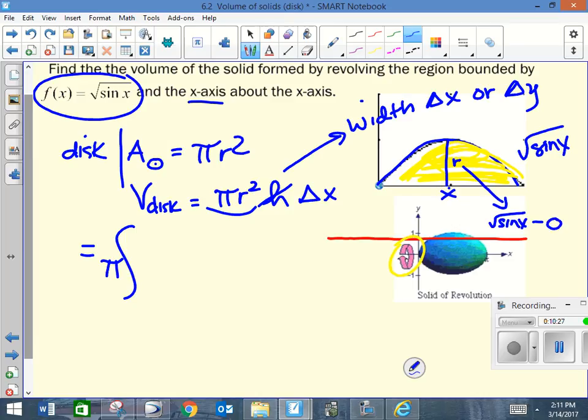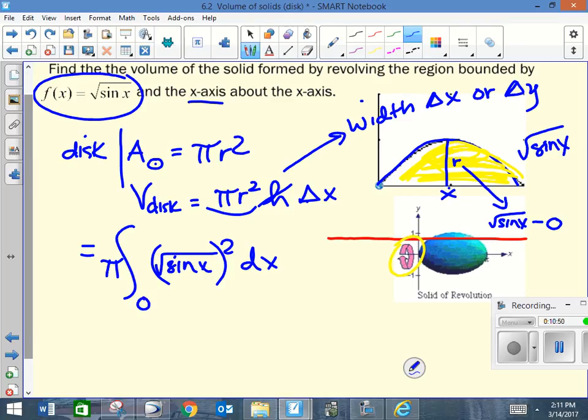So it's really radical sine of x. Don't forget we are squaring because we are in a circle. And change in x turns into dx. It's the very skinny width of the cylinder; they're all sliced up.